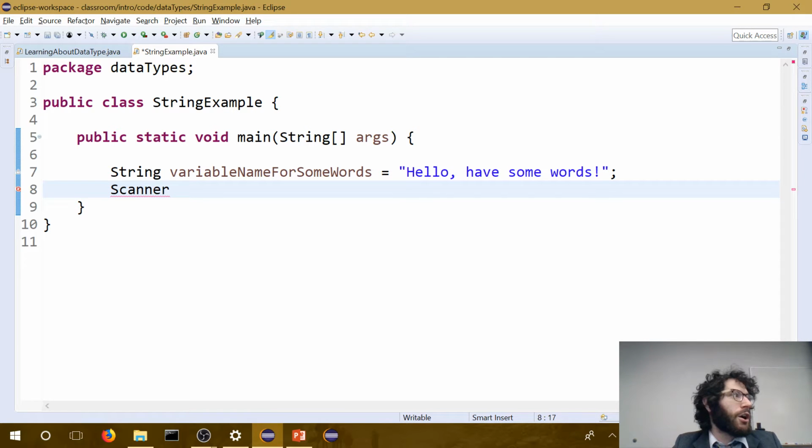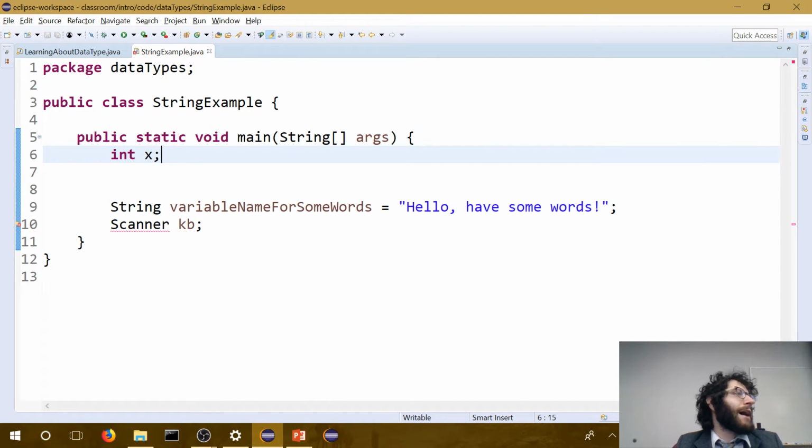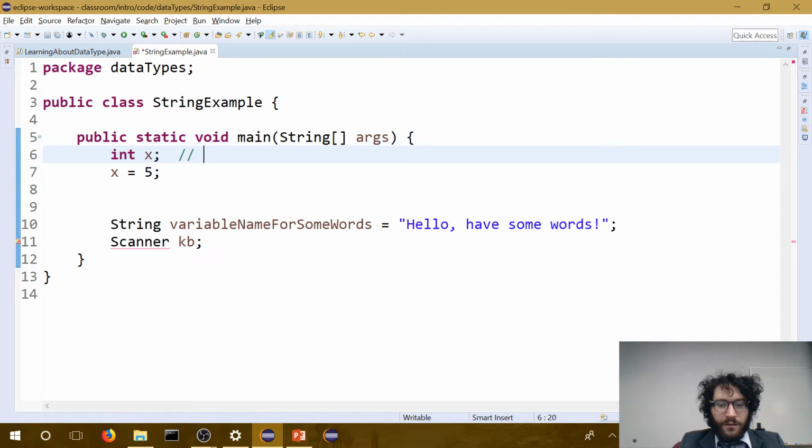The first thing I'm going to do is create a Scanner variable. Now, I skipped over this, but I can just declare a variable to begin with. I can go like int x, and I can leave it lying around for later for when I want it. That just says I'm making space for x, essentially, saying there's a variable x, I'm going to use it later.